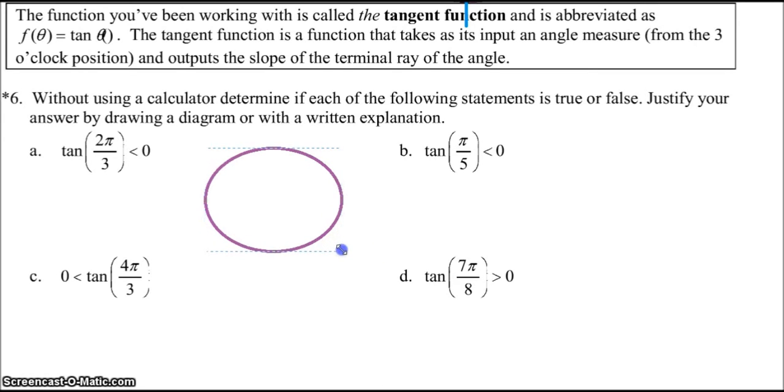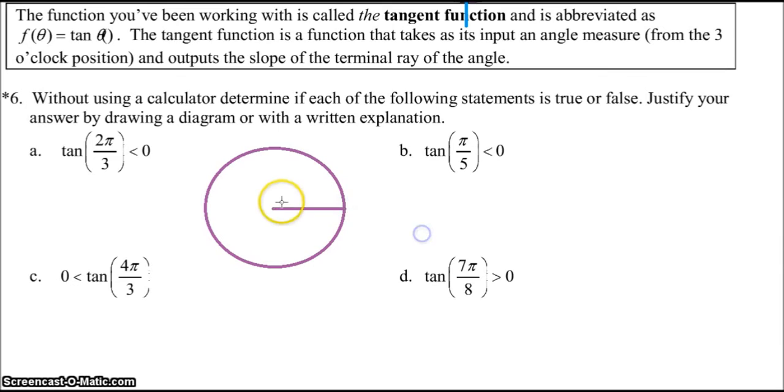It's almost a circle. If this is our initial side at the 3 o'clock position, then 2 pi over 3 would be about right here, and that slope is less than 0, so that one's true.